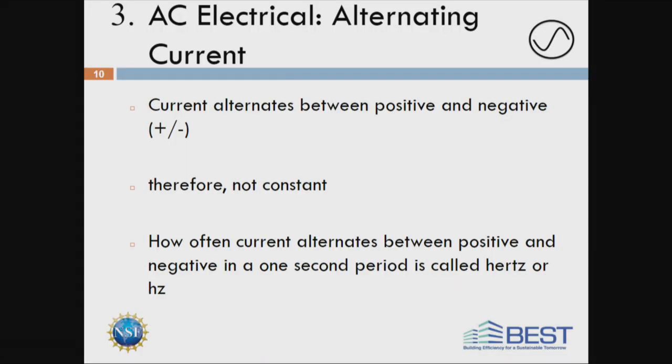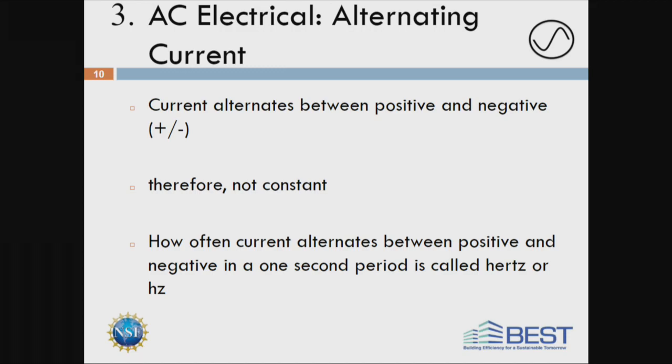AC does vary. Alternating current, instead of being a constant line, is constantly going from plus to minus, over time. They think about that time in terms of degrees. It goes through the cycle from 0, max, back through 0 again, min, back and forth, back and forth.